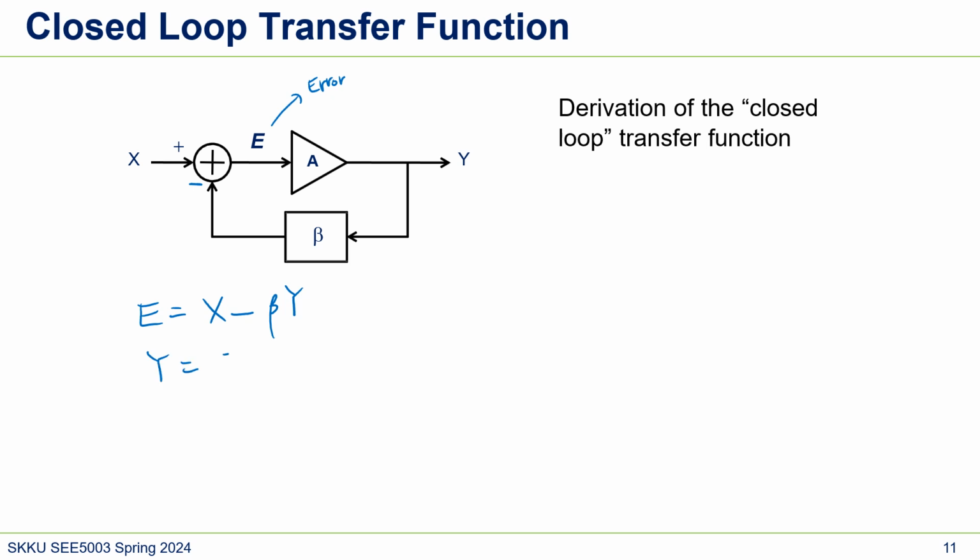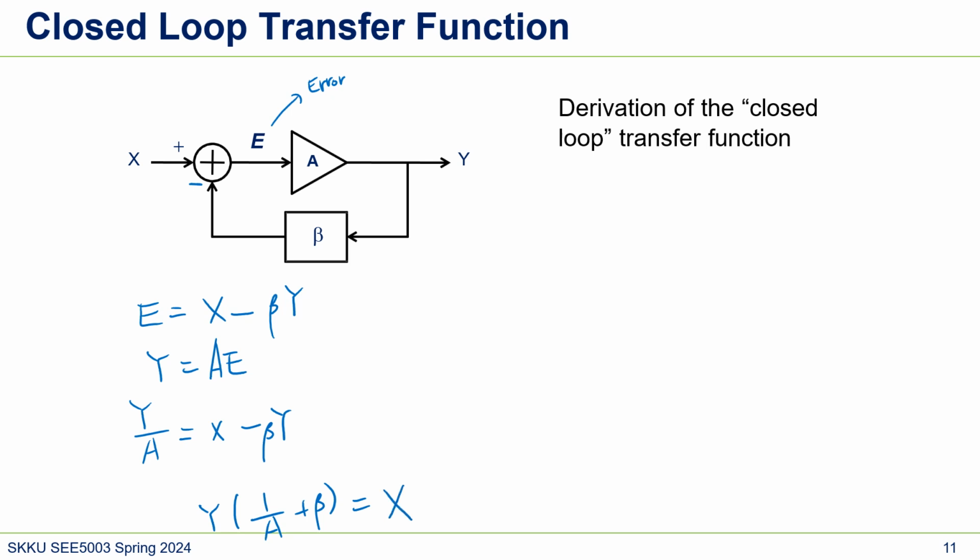Y is E times A. If we combine these two equations, E is Y over A, and X minus beta Y. So this will be Y times (1 over A plus beta) is X.